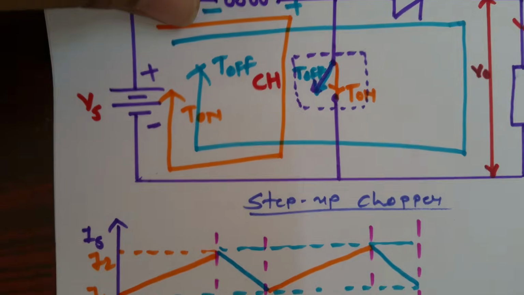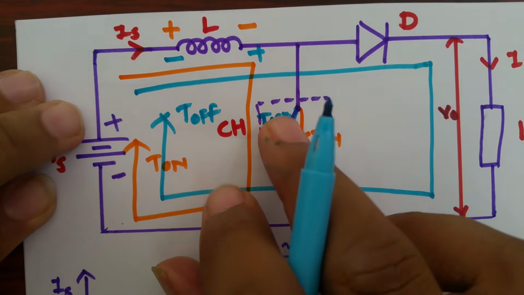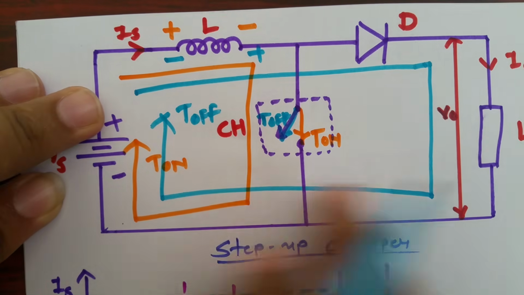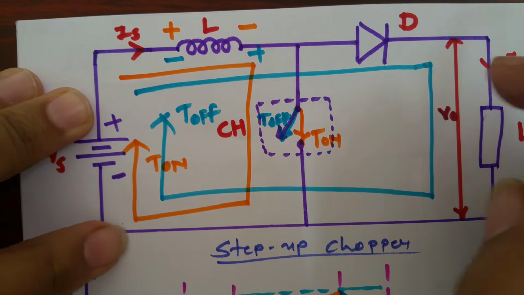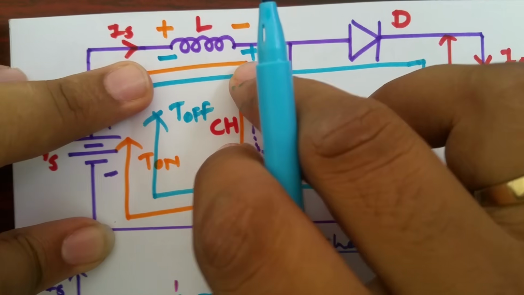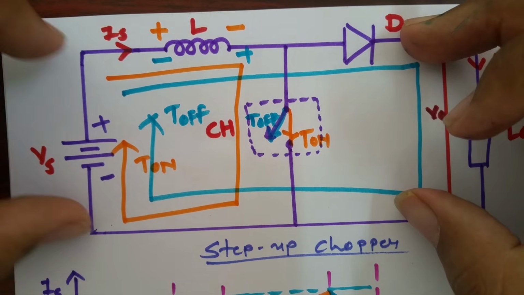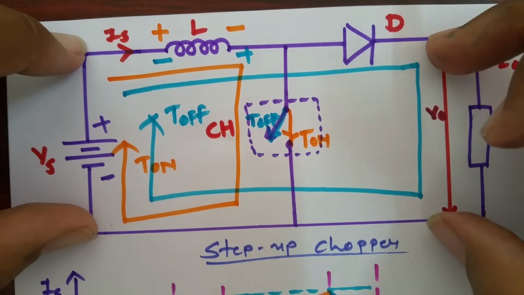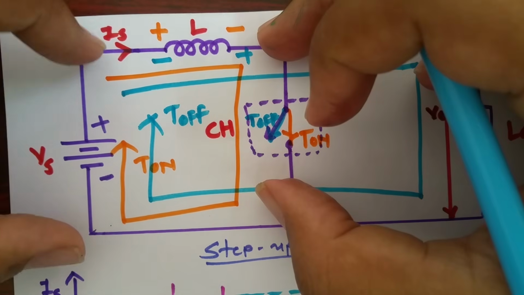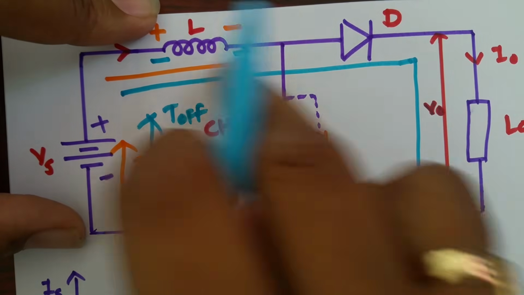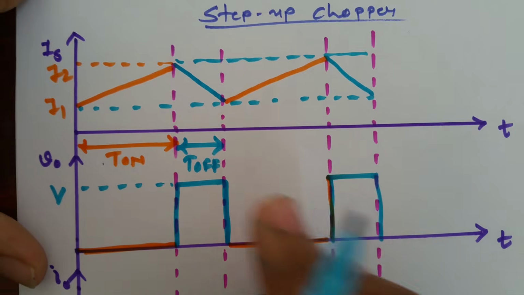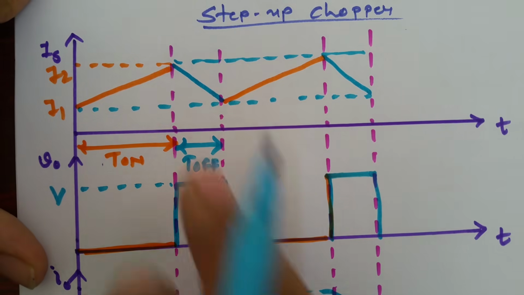Now how is it happening? When T off is there, at that time current is flowing in this loop, and the polarity of the inductor is getting reversed. So the voltage across the inductor is this voltage minus this voltage, which is V0 minus Vs. The average current passing through the inductor, you can see from this waveform, is (I1 plus I2) by 2.